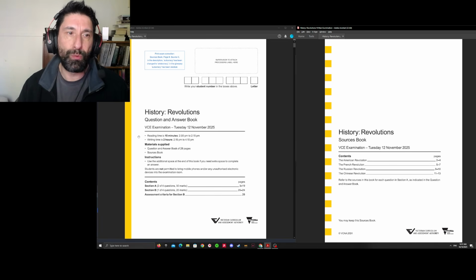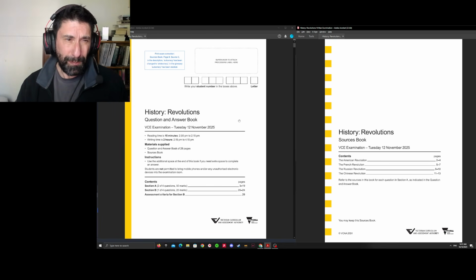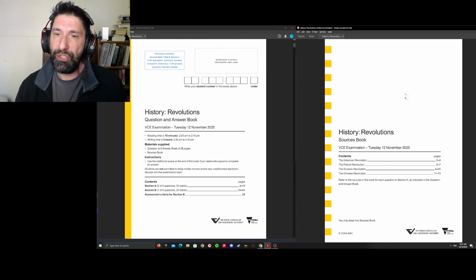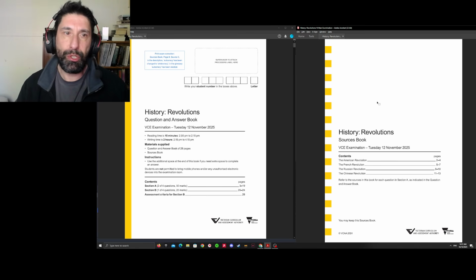So the first thing is reading time. You've got 15 minutes reading time, and you use it effectively. You use that reading time to have a look at the various questions, you read your sources, you analyse the images that the examiners have provided to you, and you start thinking about the answers that you're going to write down for the various questions.